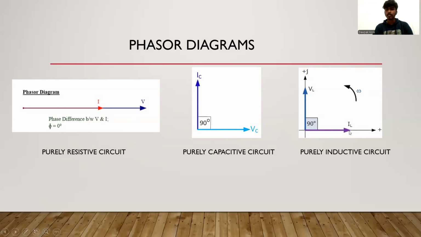In an inductive circuit, here also the voltage and current are 90 degrees apart, but here voltage leads the current. This is the difference between purely capacitive and purely inductive circuits. These two are not in phase, but the purely resistive circuit will be in phase.